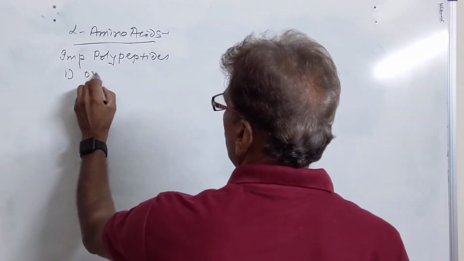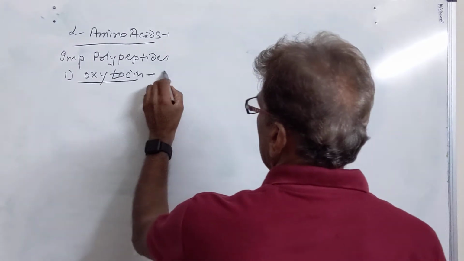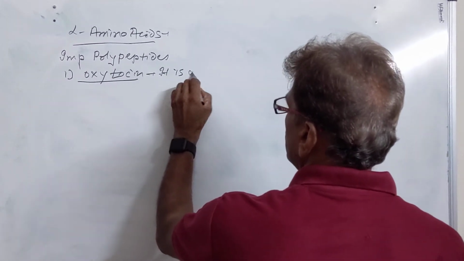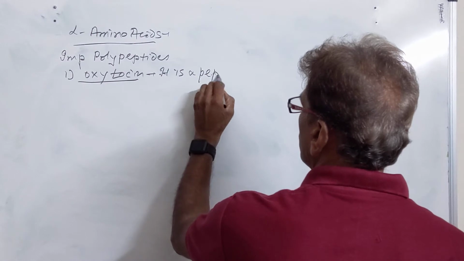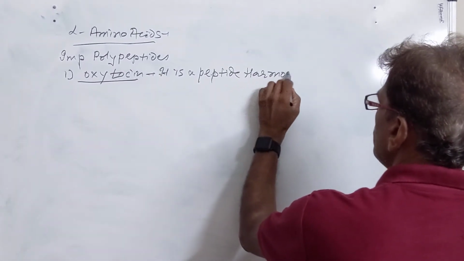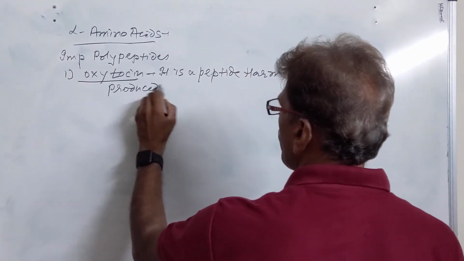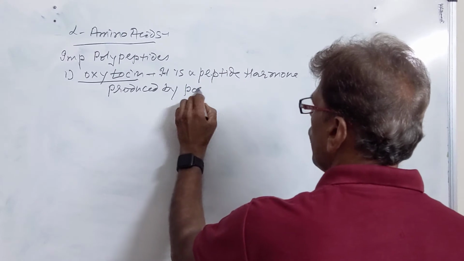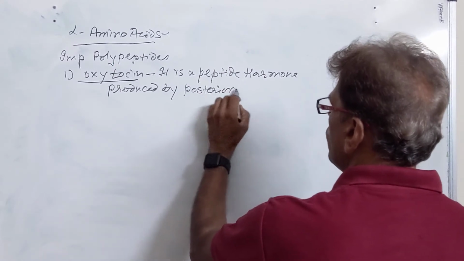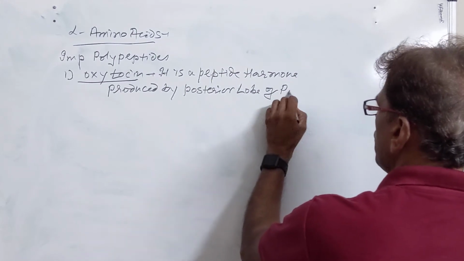First of all, we have oxytocin. It is a peptide hormone produced by the posterior lobe of the pituitary gland.